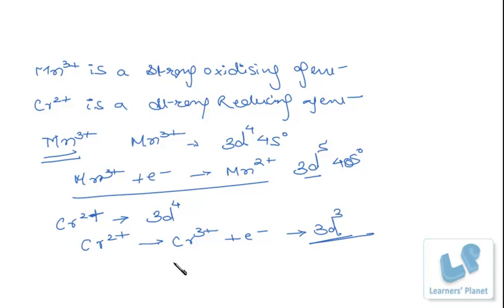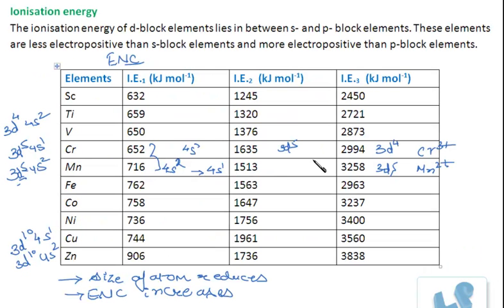And you must have seen the third ionization energy of chromium. See, this is the third ionization energy of chromium, which is 2994, and it is much less. And if I'm talking of manganese, the third ionization energy is very, very high.